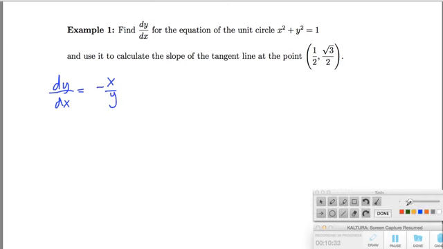And we're actually asked to find the slope of the tangent line. Well, remember, the slope of the tangent line is the derivative. We just need to calculate the derivative at that particular point.